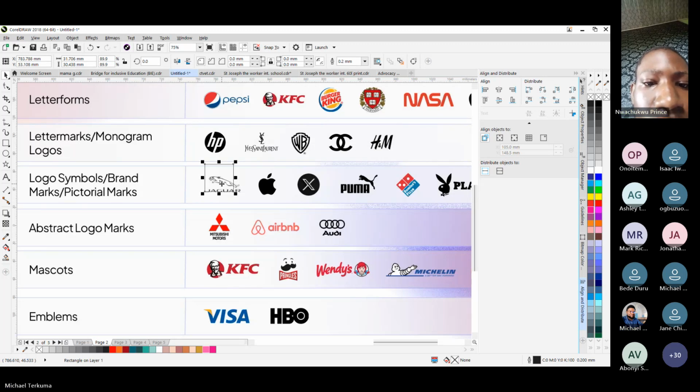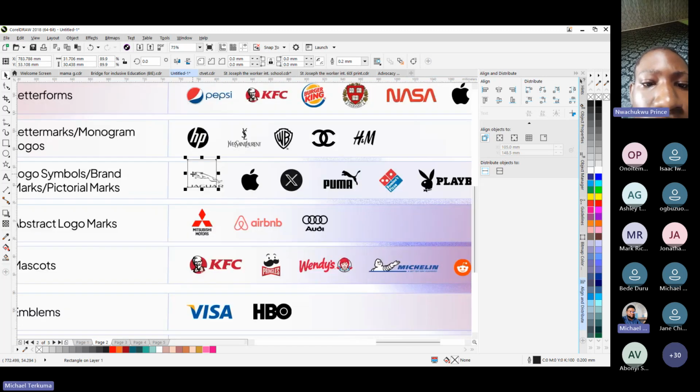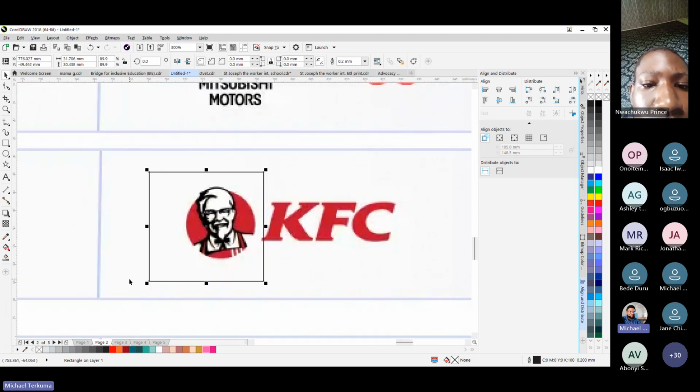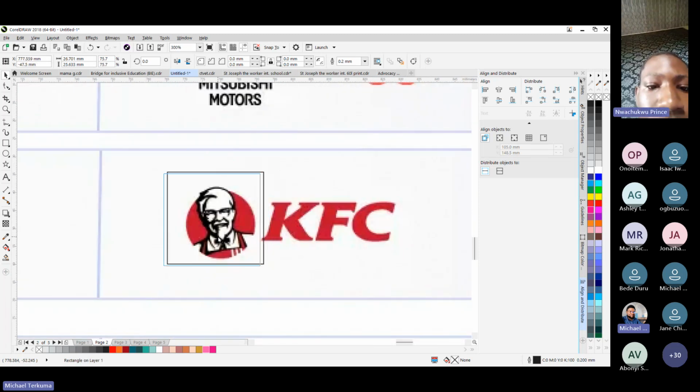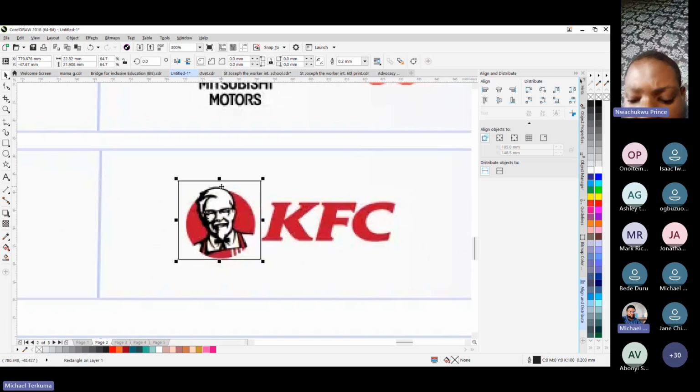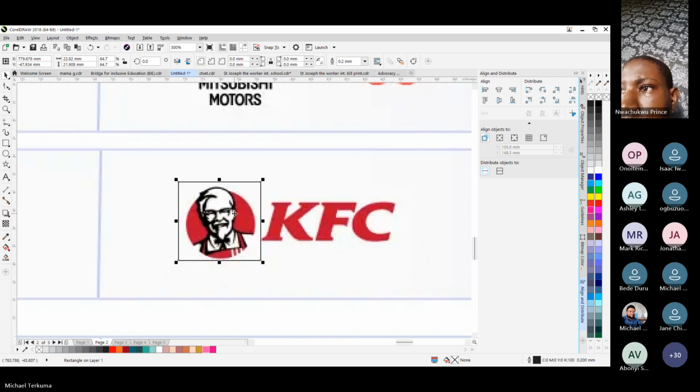Most of the time they use this. If you have just this, it's a pictorial mark. Most of these things are interrelated because they have features from the other types. But the client might just come and call the name to you, and that's it. It's not left for you to decide. I've seen owners use their faces as logos.